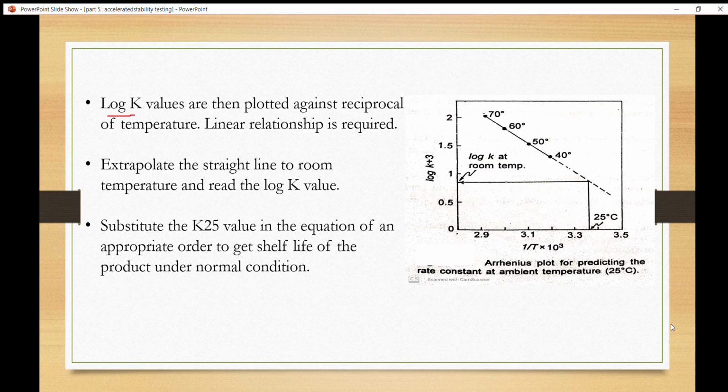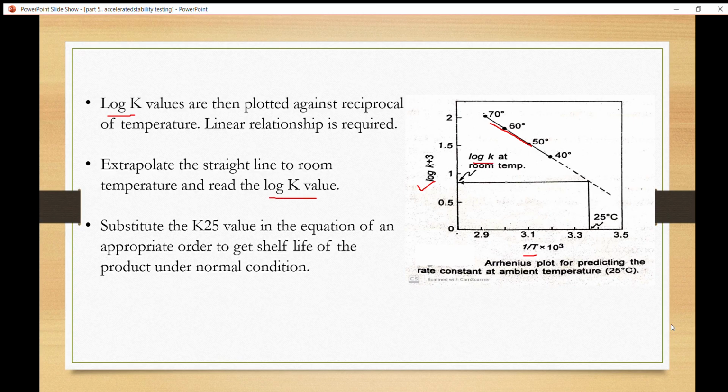After determining the K value at different temperatures, by using the Arrhenius equation we can plot the graph between the log K value on the y-axis and the reciprocal of temperature on the x-axis. Then a linear relationship is obtained, and this linearity is important to determine the shelf life of a product. Then this linear line is extrapolated to room temperature to find out the log K value.